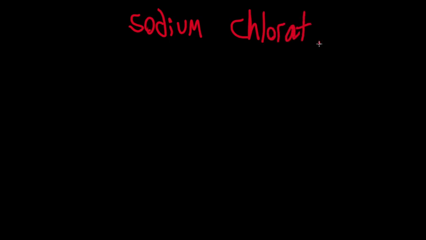All right, so our first example is going to be one called sodium chlorate. Sodium is going to be the same as what we've been working with, where I've got Na and a charge of +1, and my chlorate.